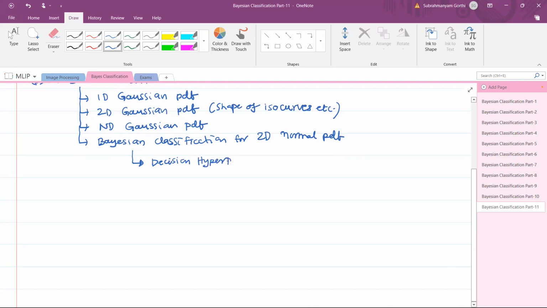In some cases, we were working directly with discriminant functions, which we also discussed here.